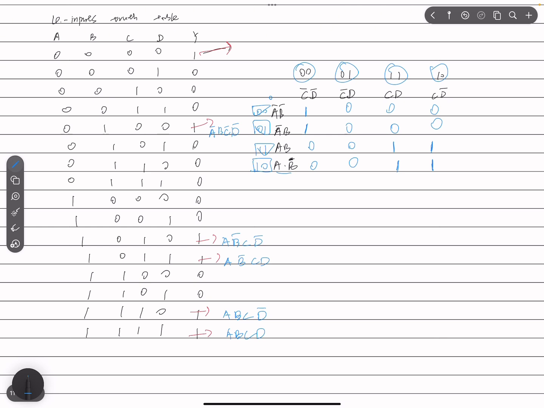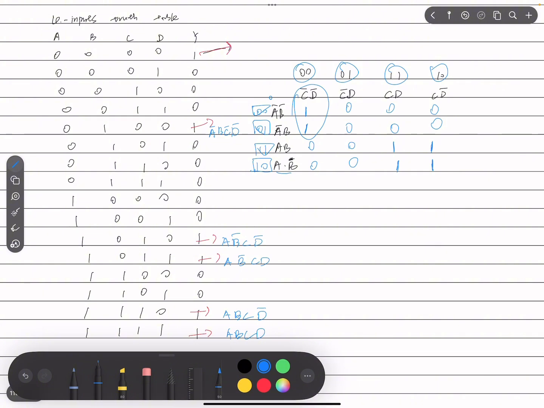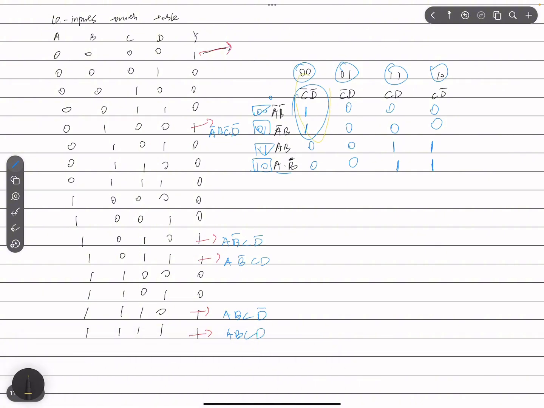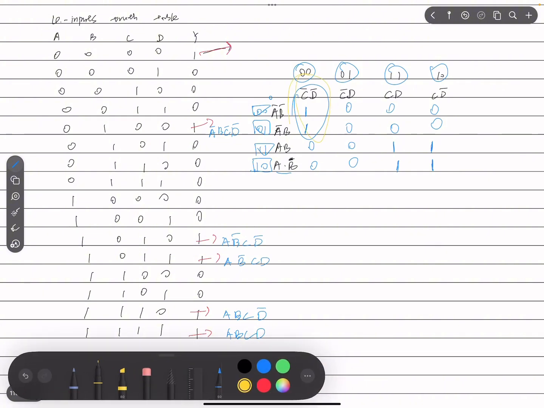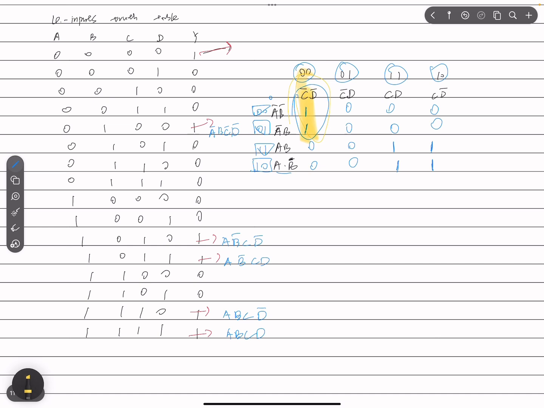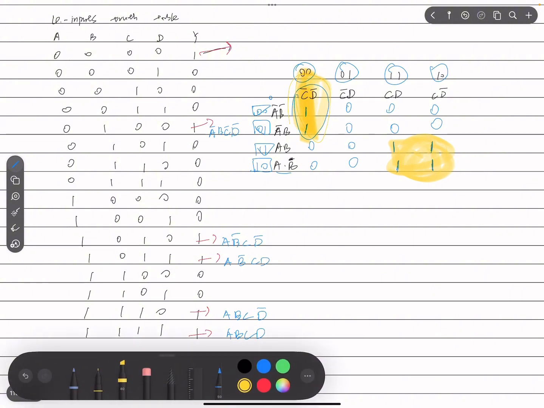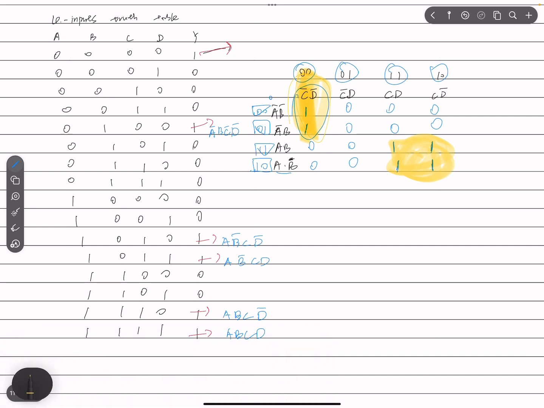Now we can group the ones. So we can group these two, and group these 4 together. That's how we group them. When they are symmetric or kind of together and have a common factor, we can group them.